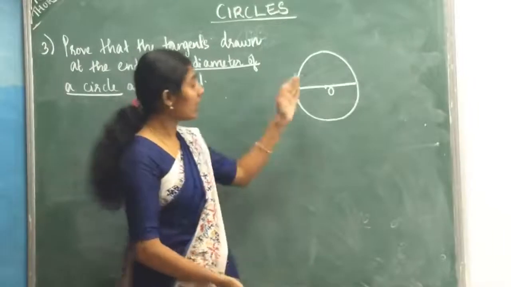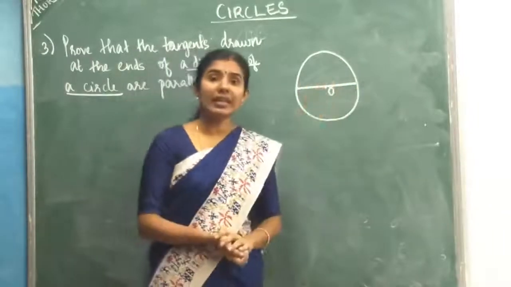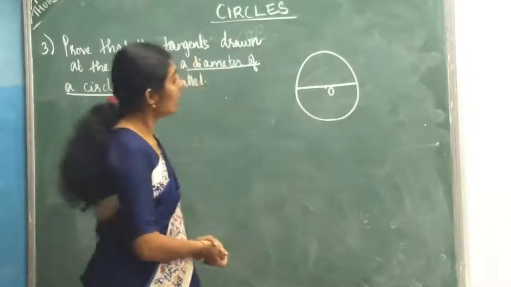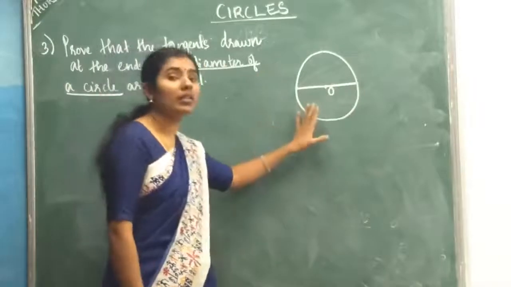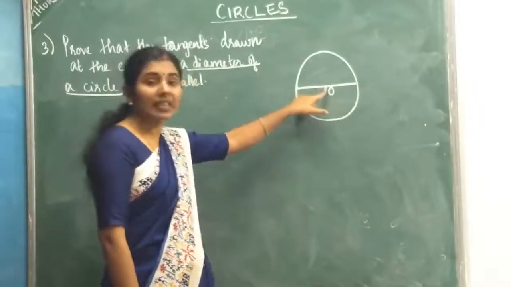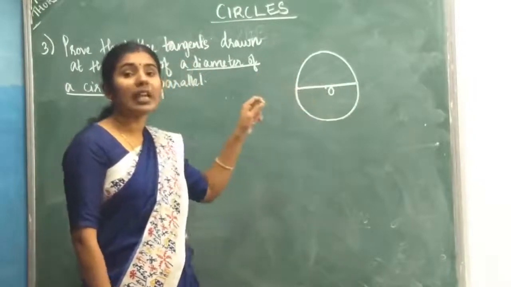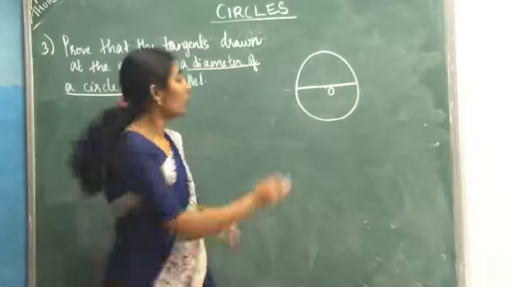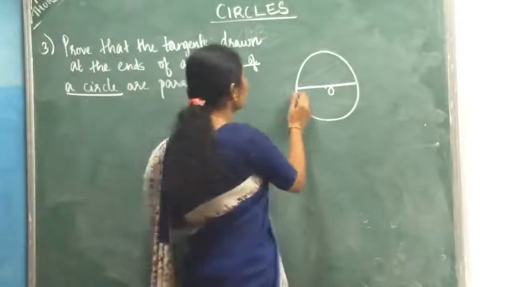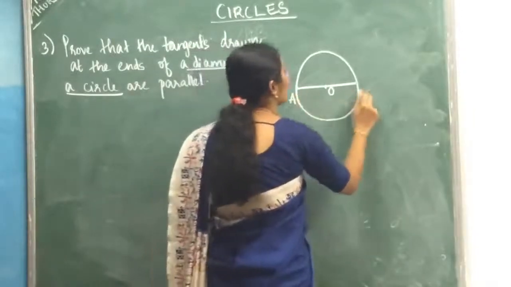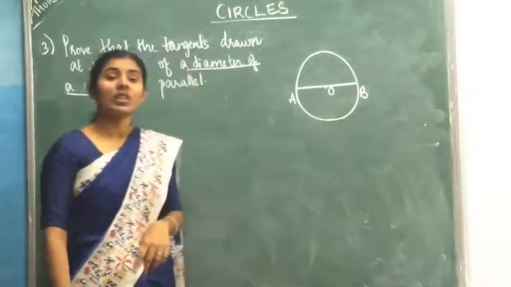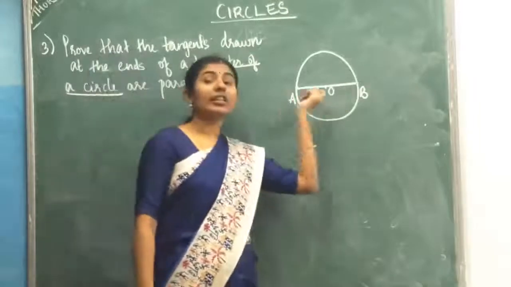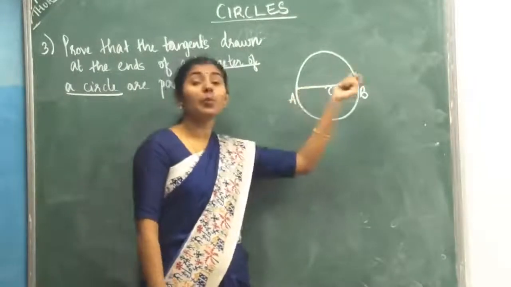Diameter means a line passing through the center. Isn't it? See here, first of all you should draw one rough circle. Its center is O. So what is the diameter? A line passing through the center. So the line name we can give AB. The diameter name I am giving AB.